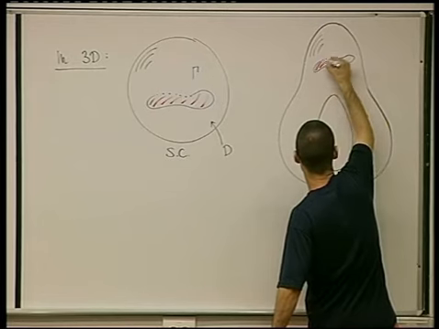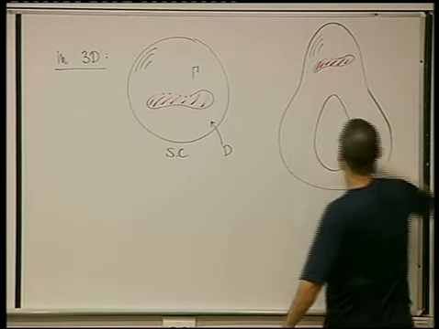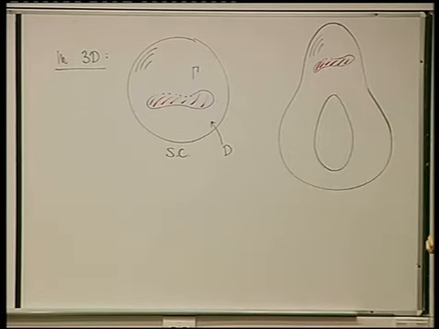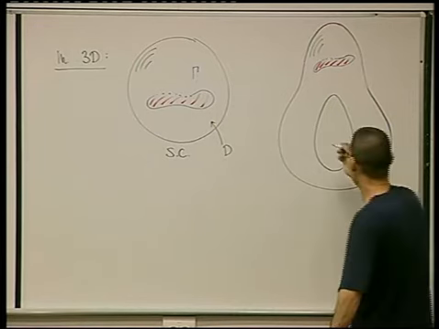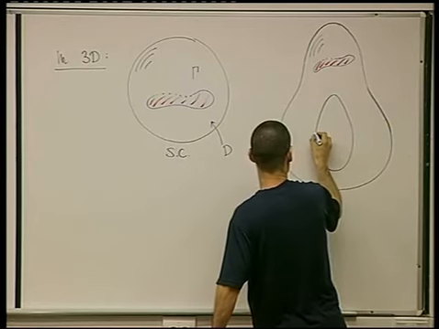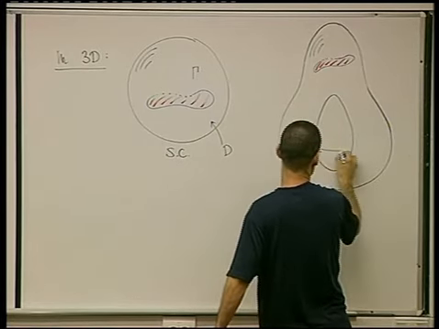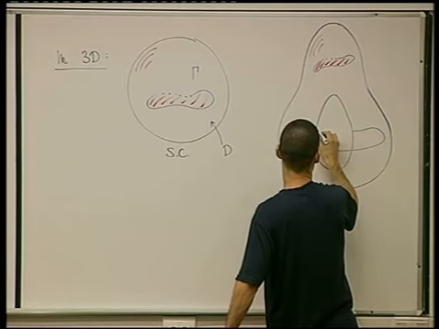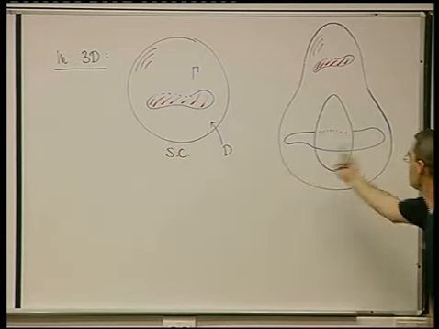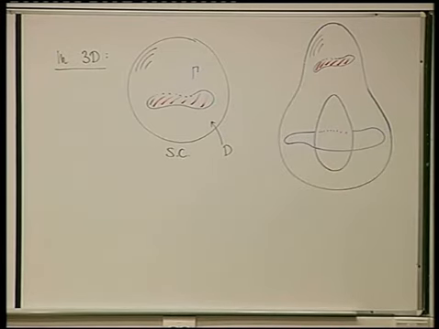Here's a surface for which gamma is the boundary. Do you agree? What if we take a gamma here, around the hole? Do you see this gamma going around the hole? Is it the boundary of a surface contained inside D, inside the avocado, inside the greenish-yellow part of the avocado?